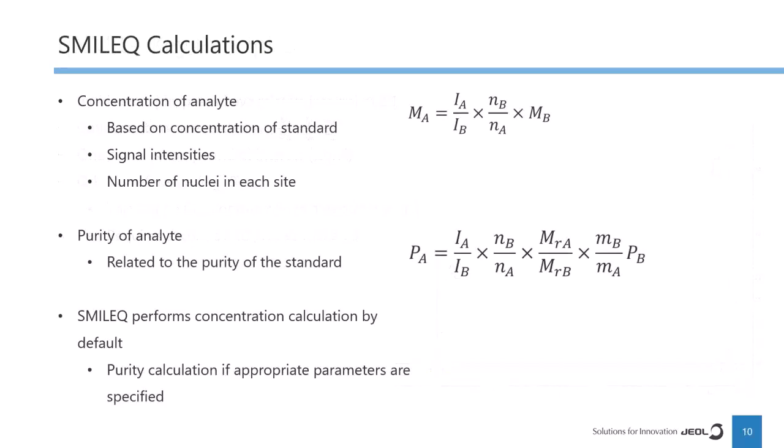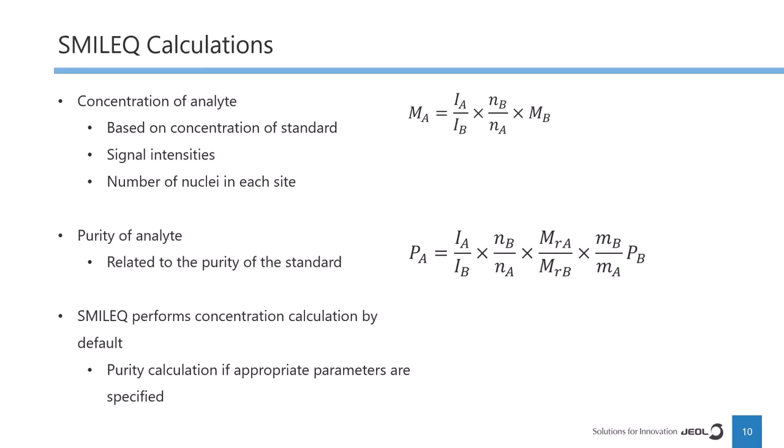So from this approach we can calculate the concentration of our analyte based on the concentration of our standard, the number of nuclei present at each site, and the signal intensities. And again, we don't need a calibration curve for qNMR because our responses are linear.